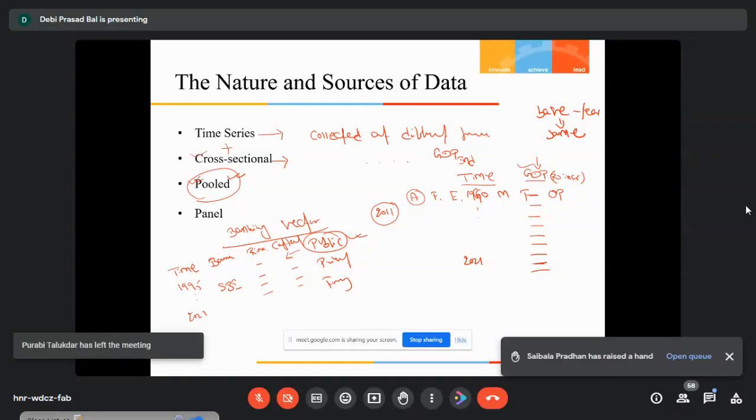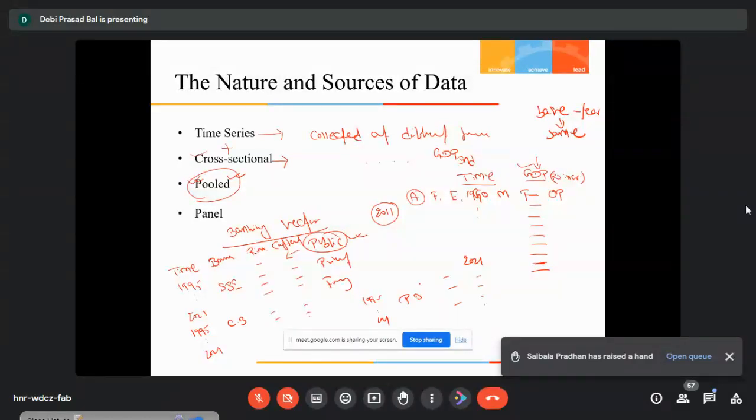Let's assume that we have measured it, and capital. This is for one bank, SBI, and the same time period 95 to 2021 for, let's say, Canara Bank, and the same 95 to 2021 for, let's say, Punjab National Bank, risk and capital data. So these are the panel.